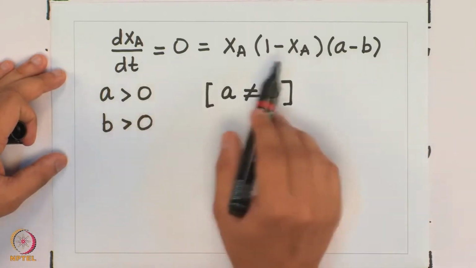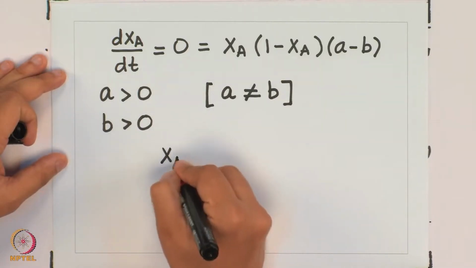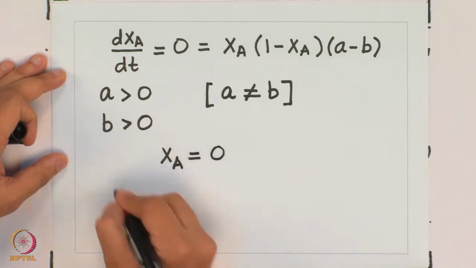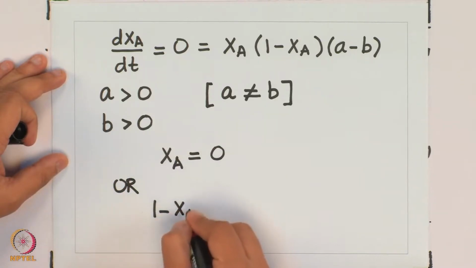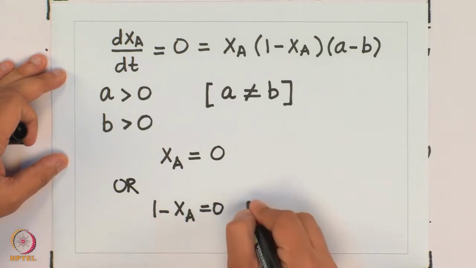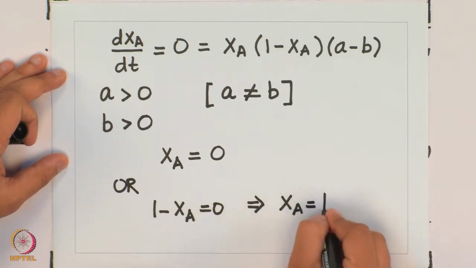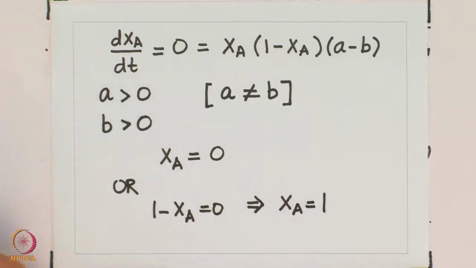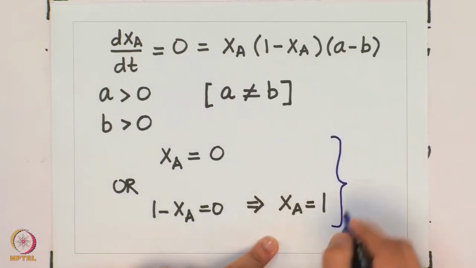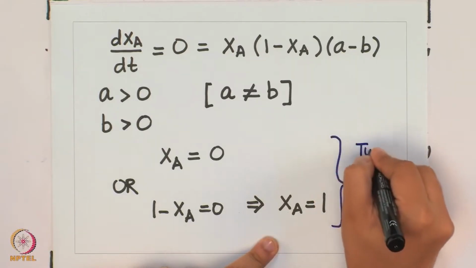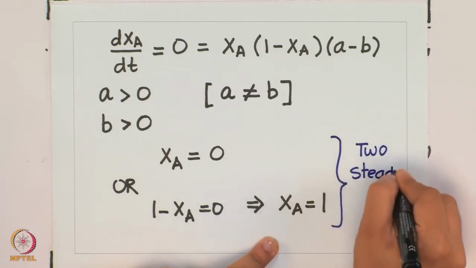So, dx_A/dt is only equal to 0 when either x_A is equal to 0 or 1 minus x_A is equal to 0, which implies x_A is equal to 1. And these two quantities, x_A equal to 0 and x_A equal to 1, are my two steady states associated with this system.